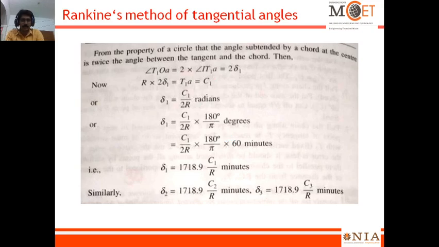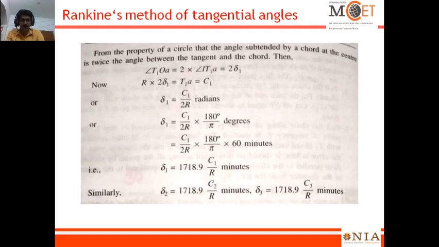Let's say C1 is the first chord. So del 1 is equal to C1 by 2R. It will be in radians. To convert to degrees, multiply by 180 by pi. Even it will be in minutes only, so we will convert to minutes also. In short, you will get del 1 is equal to 1718.9 C1 by R minutes.